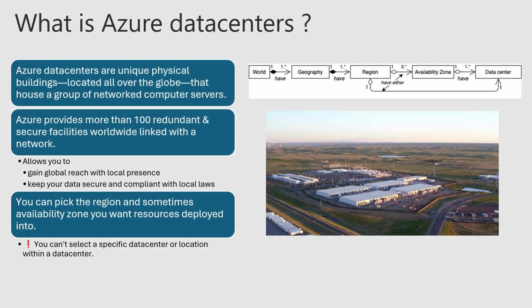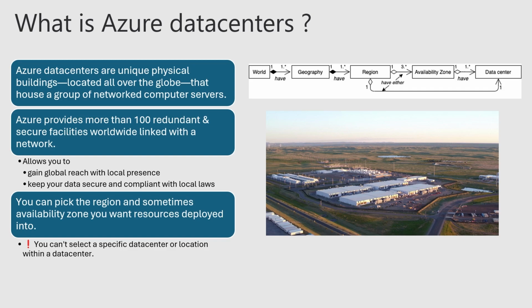Azure data centers are unique physical buildings located all over the globe, housing groups of networked computer servers, and these data centers are connected with each other. Azure provides more than 100 redundant secure facilities worldwide linked with a network, and that helps us keep data secure and compliant with local laws.